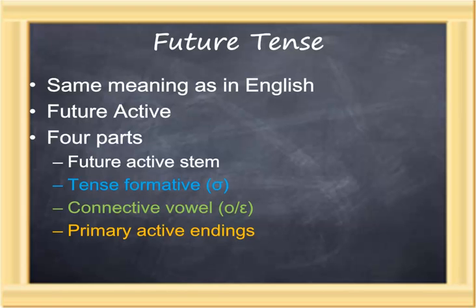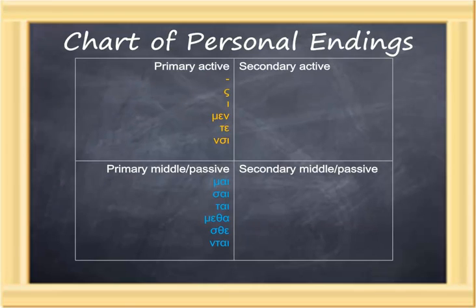If one is forming the future middle, the only difference is the use of the primary middle passive endings. These are the personal endings, as you've learned them so far, the primary half of them. The actives: nothing, sigma, iota, men, te, and nsi, and the middle passives: mai, sai, tai, metha, sthe, and ntai.